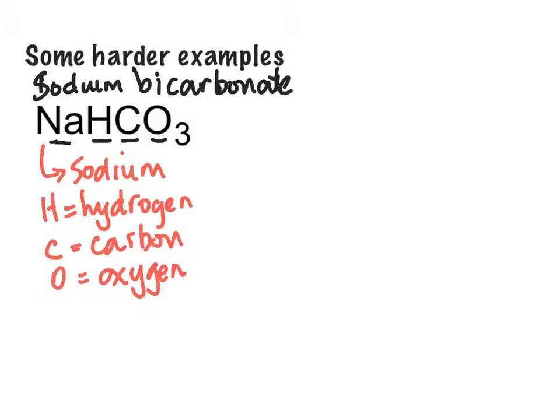Right, now our ratios. We've got 1 Na to every 1 H to every 1 C to every 3 O's. Right, so everything we've been doing all the way through, from simple, even though it gets more complex, we simply follow the same rules.